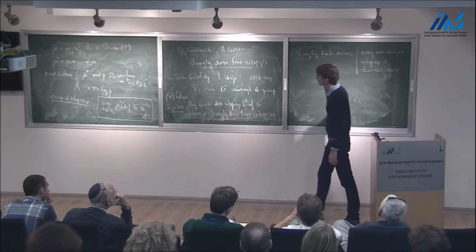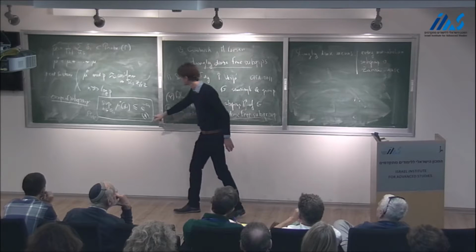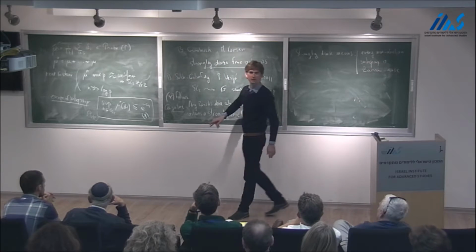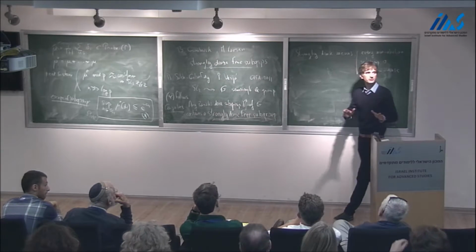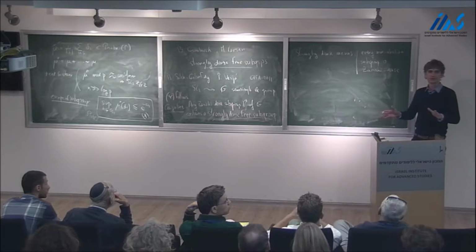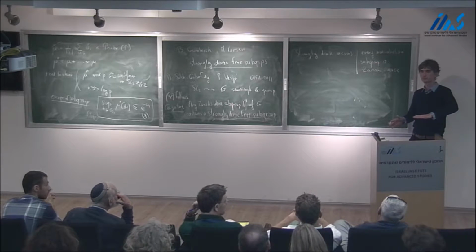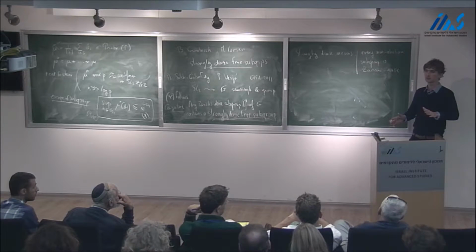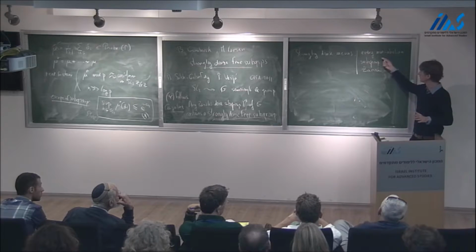Okay, so it's kind of a strong density property that should apply to all subgroups. And it's easy to see why this conjecture should imply this estimate, because if you have this strongly dense free subgroup, then every proper algebraic group will intersect the free subgroup in an abelian group.